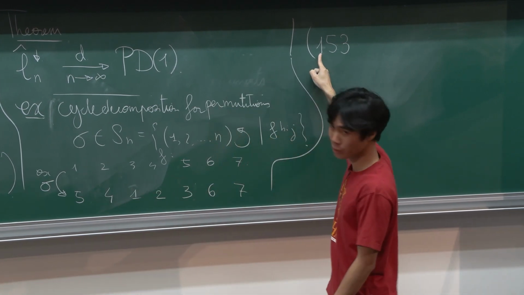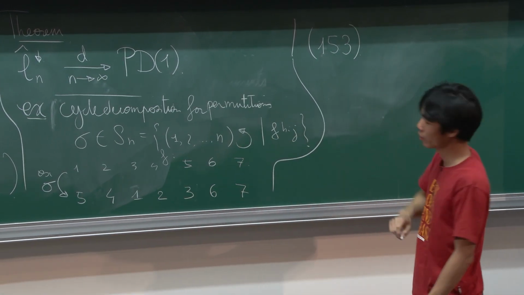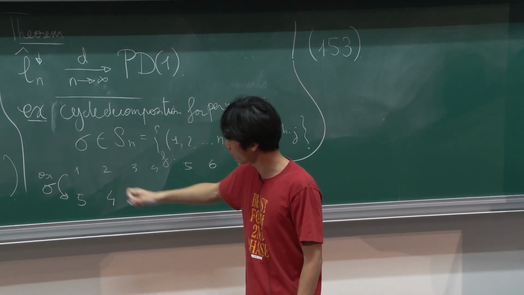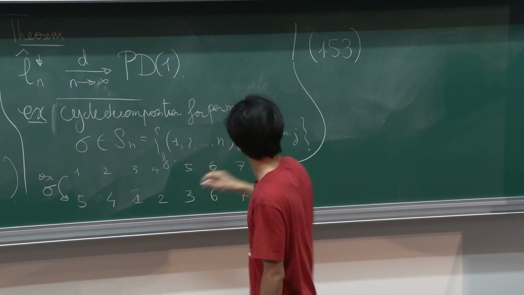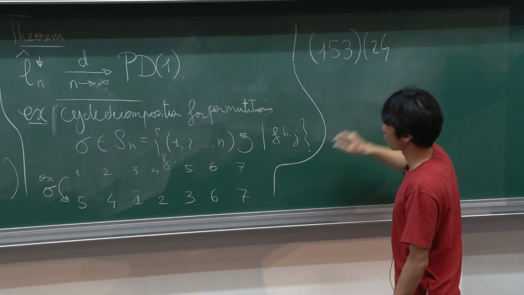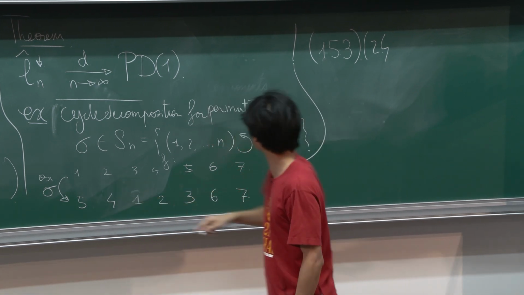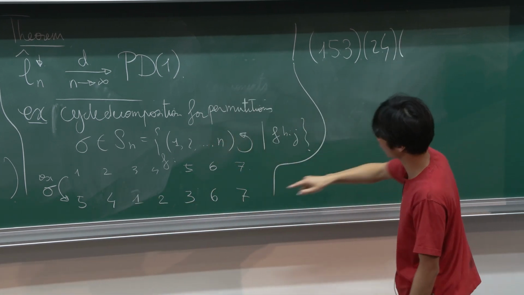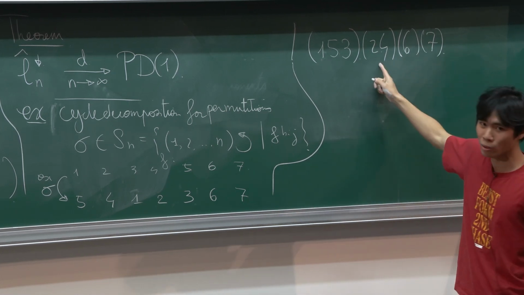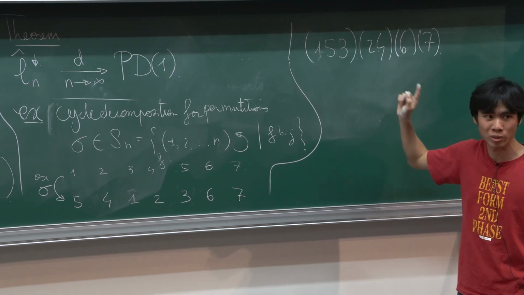So you close your bracket, and you restart with the smallest number in the rest, which is 2. 2 is mapped to 4, 4 returns to 2, so you close it, and you restart with 6. 6 is a fixed point, and 7 is a fixed point. So this is called the cycle decomposition of a permutation.